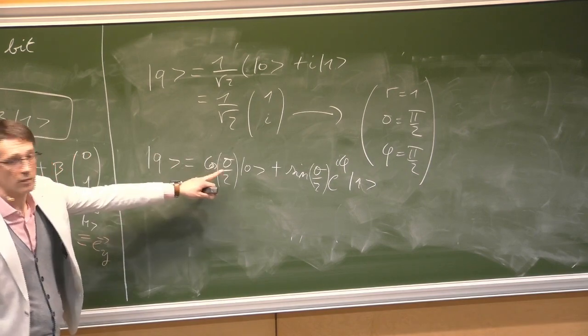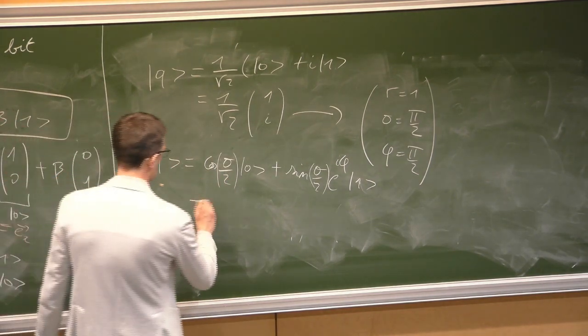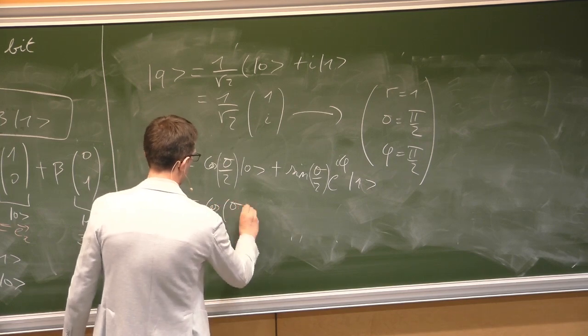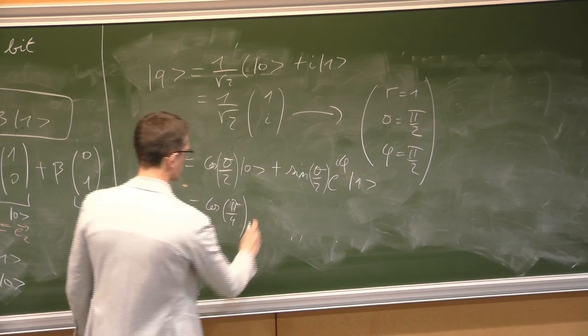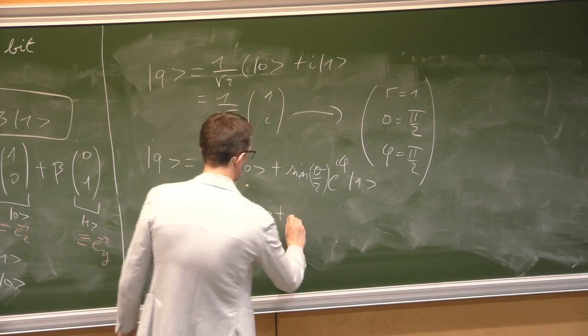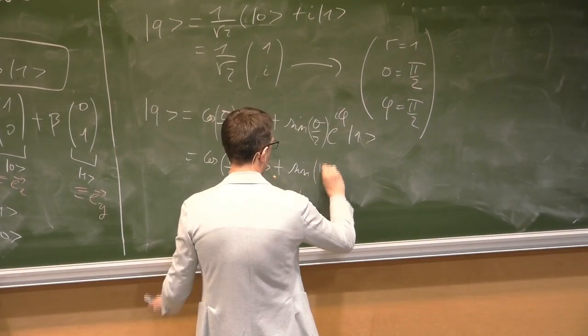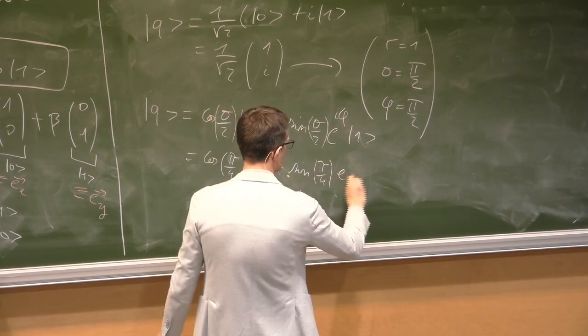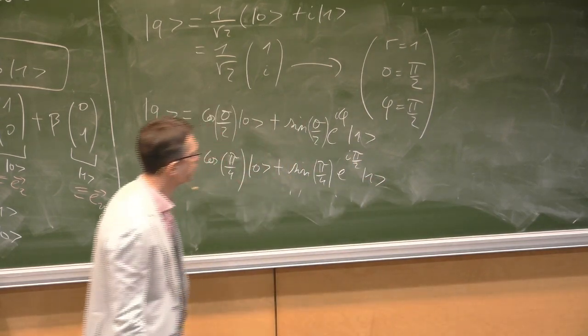So if I have theta equals pi over 2 and phi equals pi over 2, then I have cos pi over 4, 0, plus sine pi over 4, exponential i pi over 2, 1.